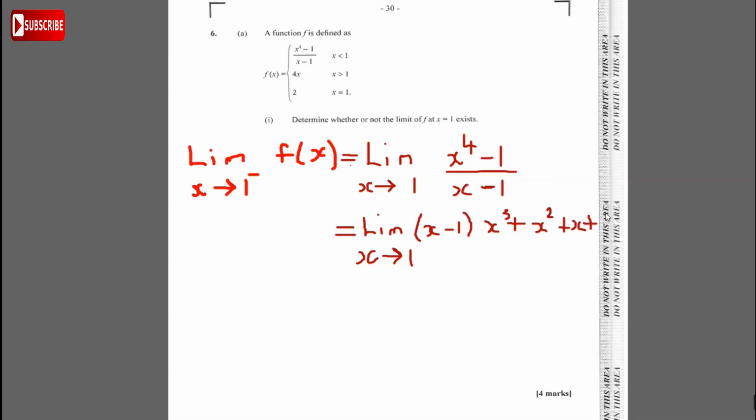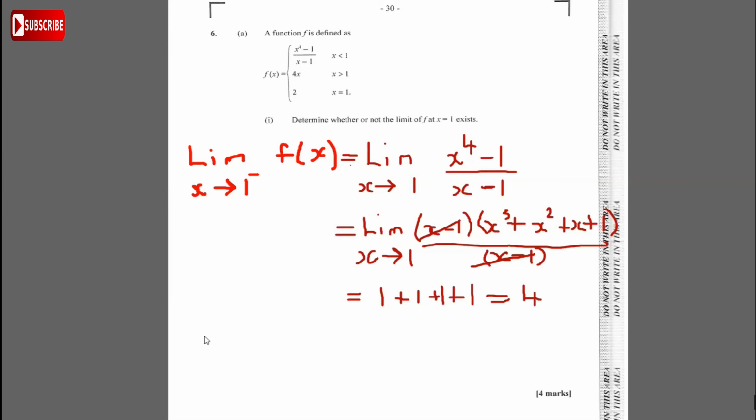And so now all of this is being divided by x minus 1, so x minus 1 cancels. Then you plug in 1 now and you get 1 cubed plus 1 squared plus 1 plus 1. You add those up and you get 4. So that's the left-hand limit.